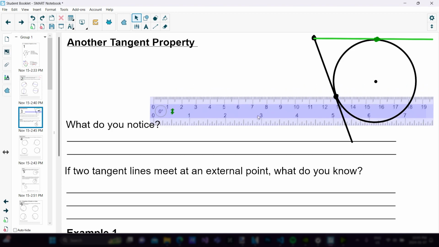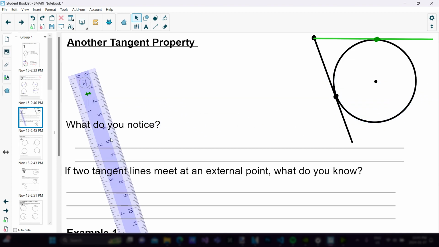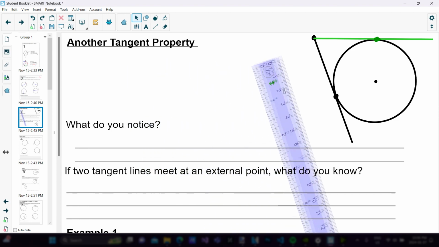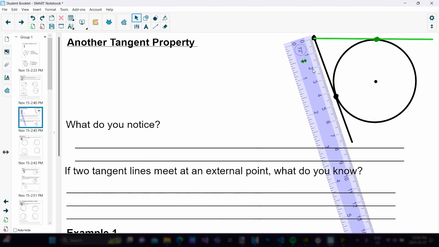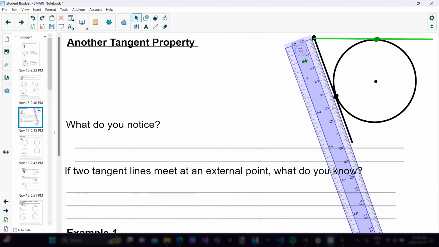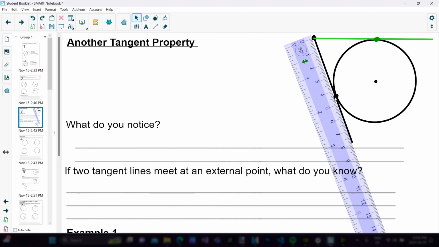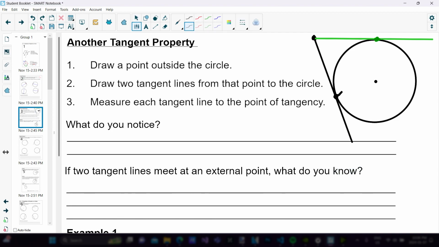So if I take my ruler, and start from that point that I drew and up to the point of tangency, so that point right there, this is 1 centimeter, 2 centimeter, 3 centimeter, 4 centimeter. Let's call it 4.5 centimeters. Looks like 4.4. We'll call it 4.4. From this point to the point of tangency was 4.4 centimeters.